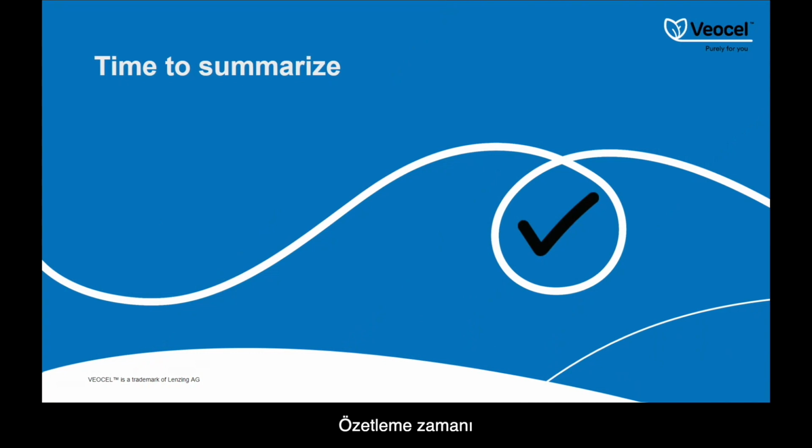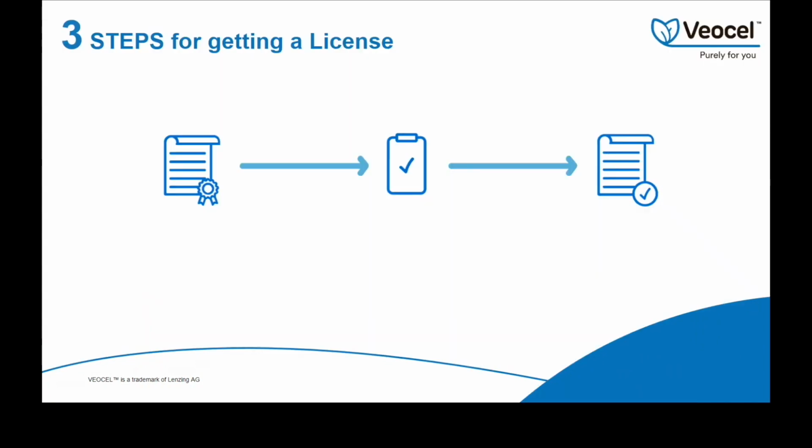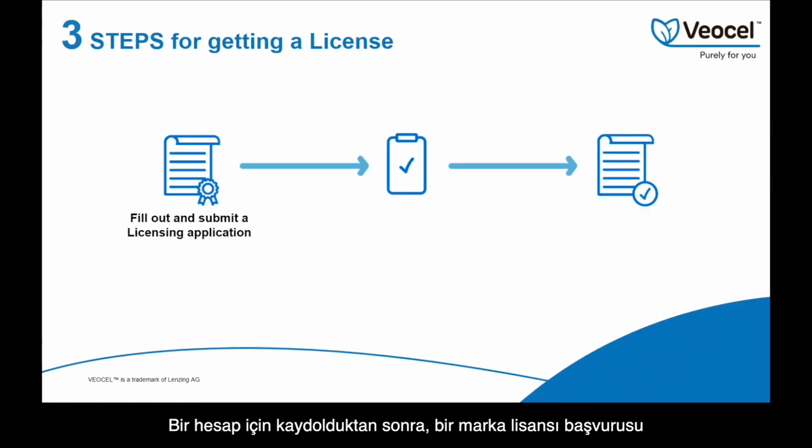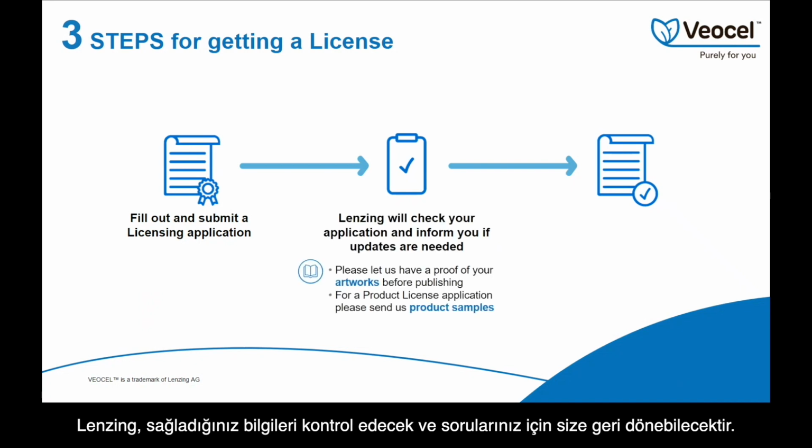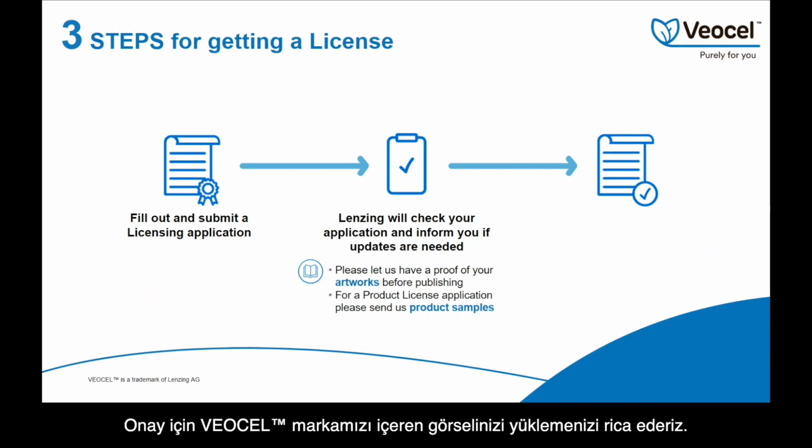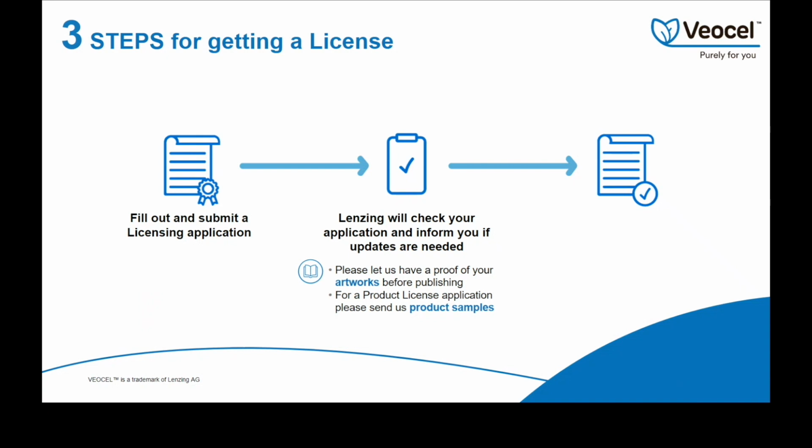Time to summarize. Once you have registered for an account, you can fill out and submit a brand license application. Lenzing will check the information you provided and might get back to you with questions. We kindly ask you to provide your artwork featuring our VEOCEL brand for approval.